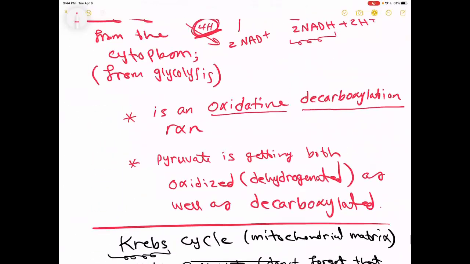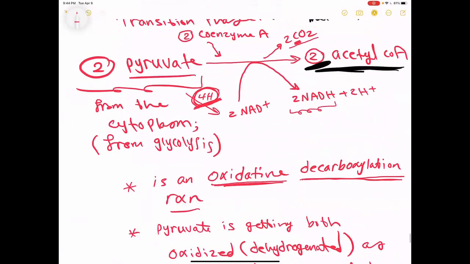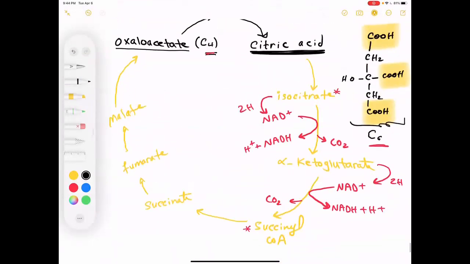Look what we call the transition. I called it an oxidative decarboxylation reaction because we oxidized pyruvate and we decarboxylated pyruvate. Did we not do the same thing here? But it's not pyruvate. So going down, what did we do to isocitrate?